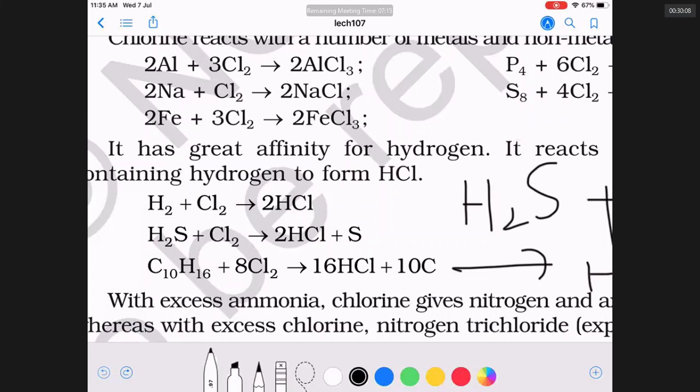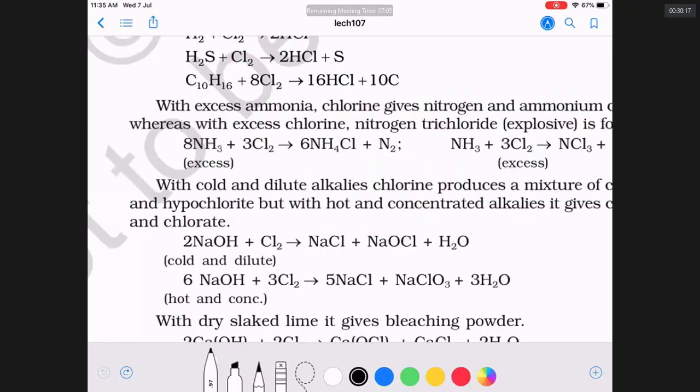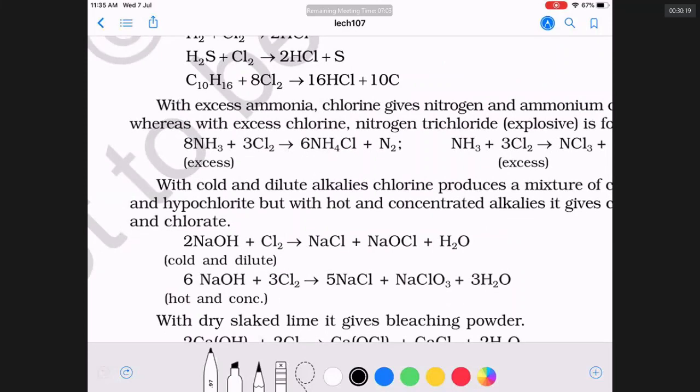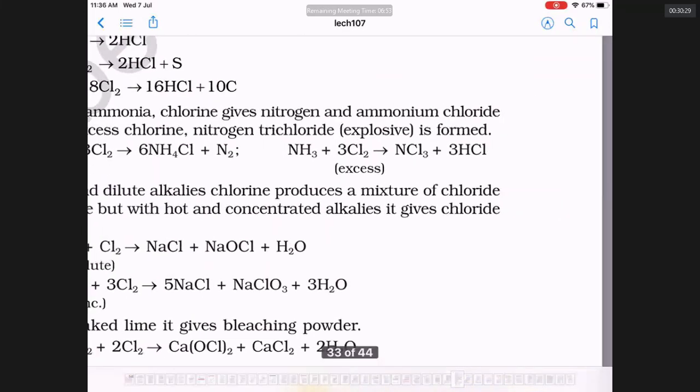That's the point. The most important, very frequently asked question in the exams is how chlorine reacts with ammonia. If ammonia is in excess, you get N2 gas and ammonium chloride. If chlorine is in excess, you get explosive NCl3 and HCl.